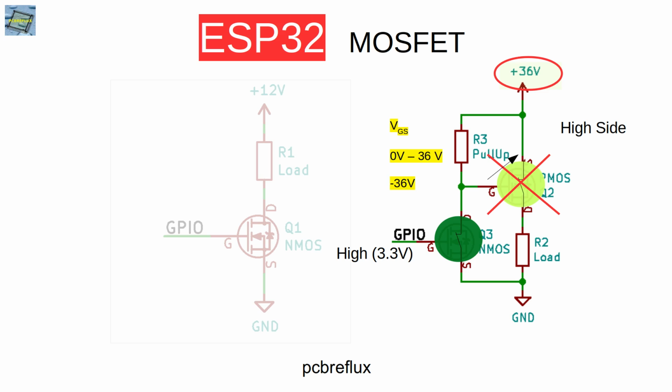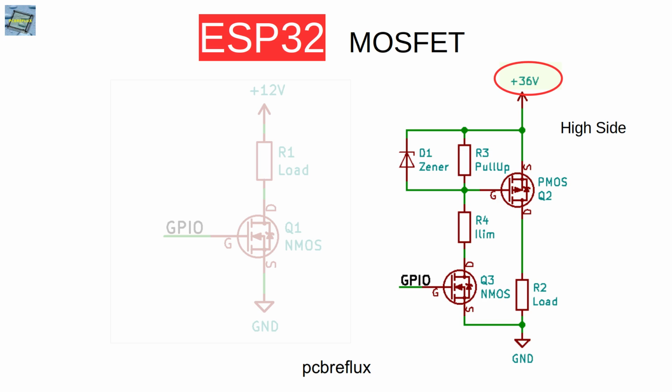to consider another circuit. So in this solution we also introduce a Zener diode to limit the voltage between the source and the gate of the P-channel MOSFET, and we introduce another limiting resistor between the gate and the N-channel MOSFET, so the current flowing between the Zener diode and the ground is limited to a certain amount.